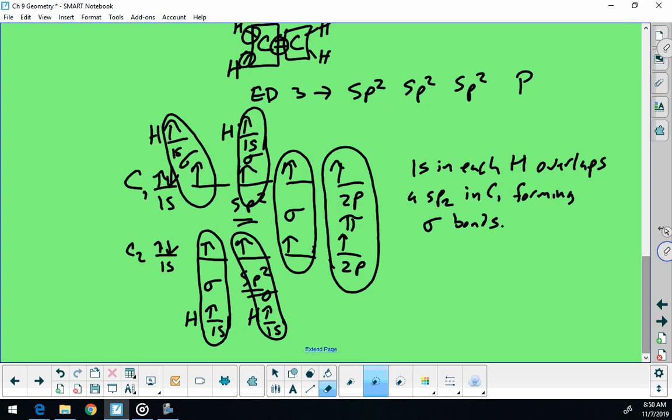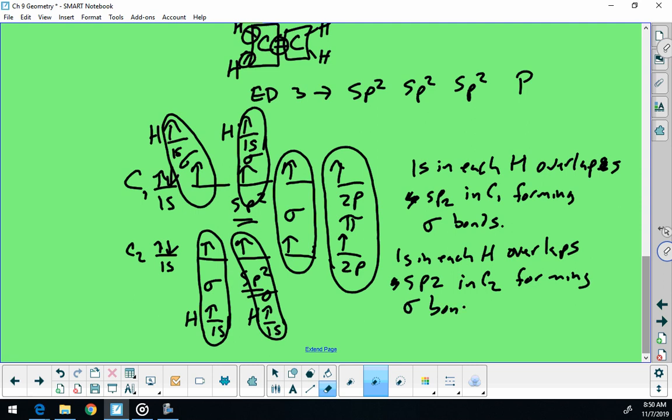And then the 1s in each hydrogen overlaps sp2 orbitals in C2, forming sigma bonds.